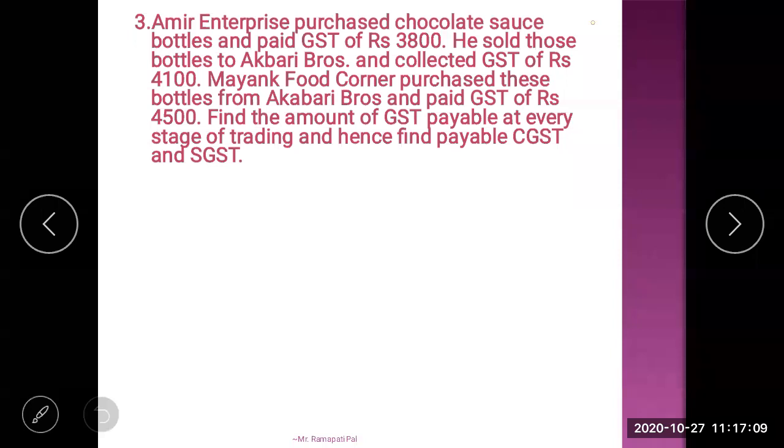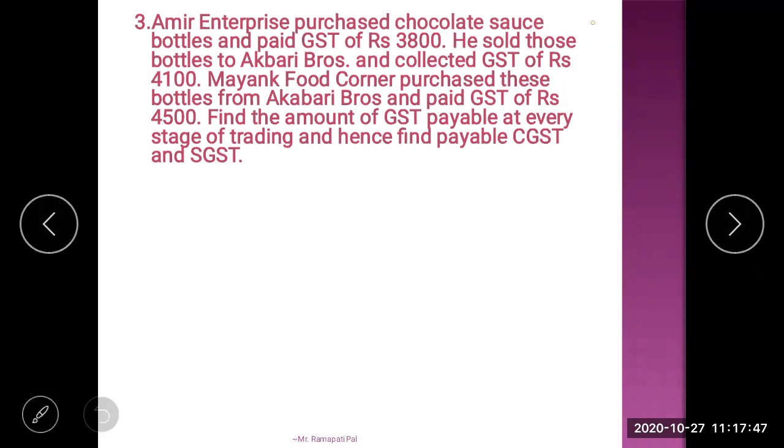Very good. Let's come to the point. So, Amit Enterprises purchased chocolate sauce bottles and paid GST of rupees 3,800. He sold those bottles to Akbari Brothers and collected GST of rupees 4,100. Mayank Food Corner purchased these bottles from Akbari Brothers and paid GST of rupees 4,500.